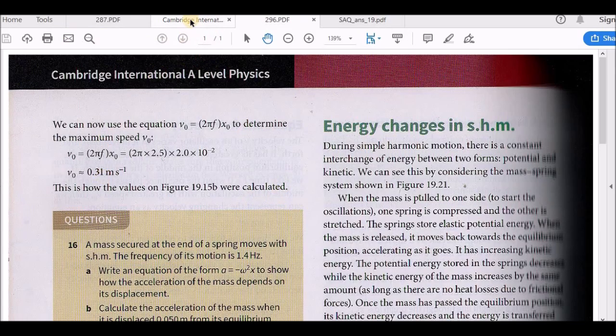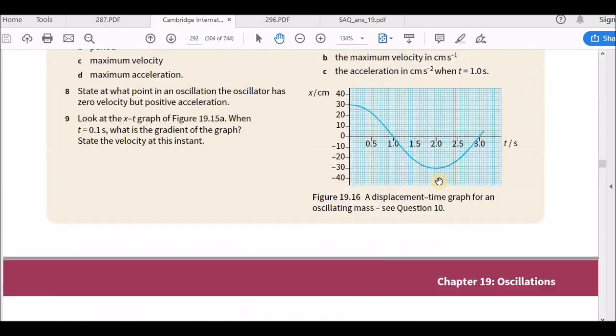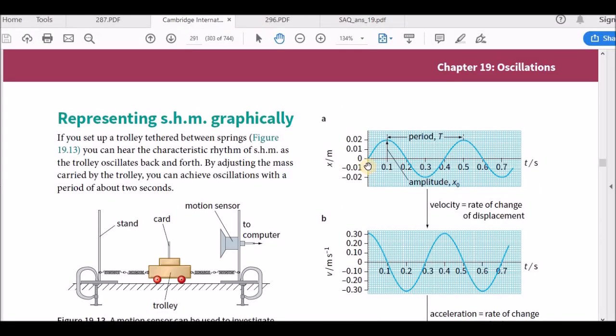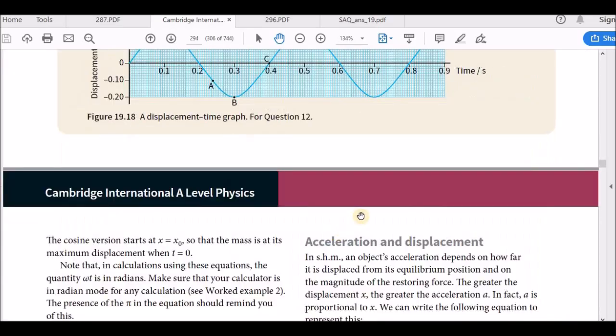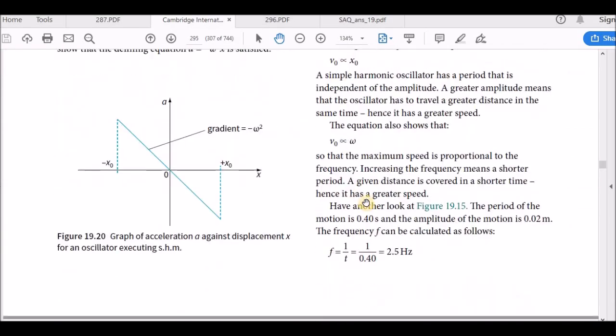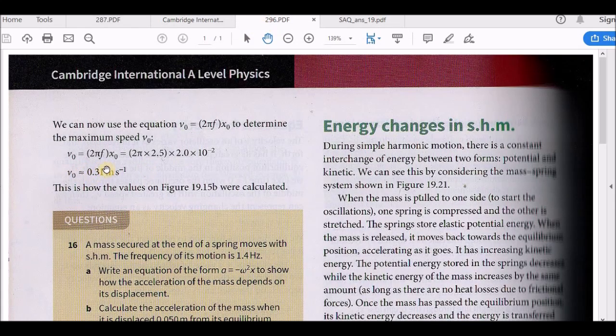So using this equation, now you know that the velocity can be calculated. Okay, I was talking about it earlier. You can find the gradient of the graph, I said, or there is another way, so you can use this equation. See, 0.30. So even for the questions without drawing the tangent, you can find the maximum velocity using this equation.